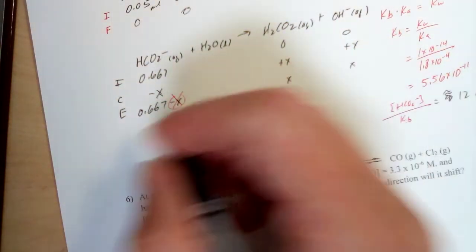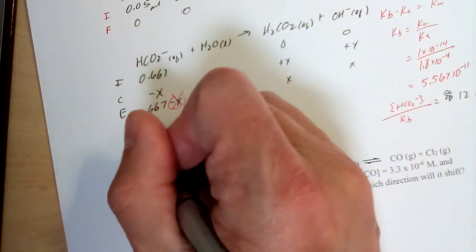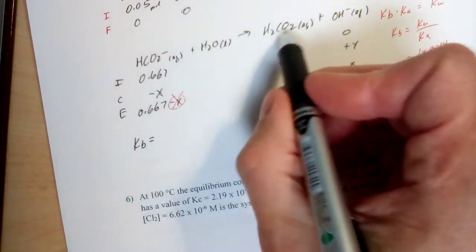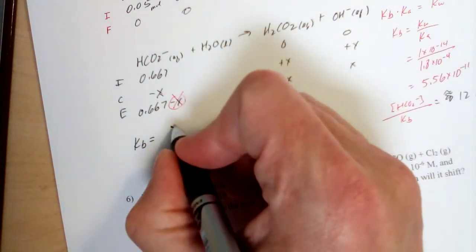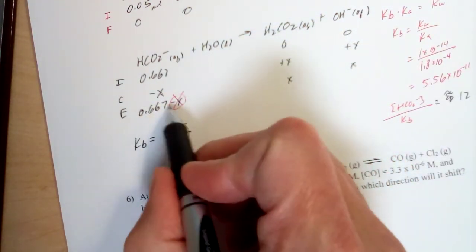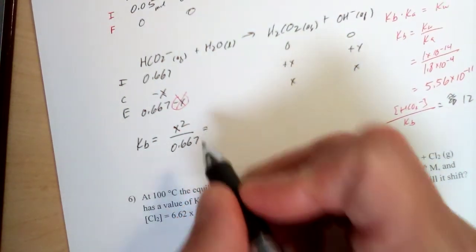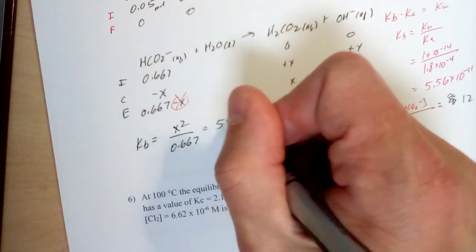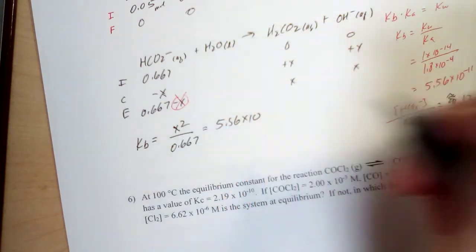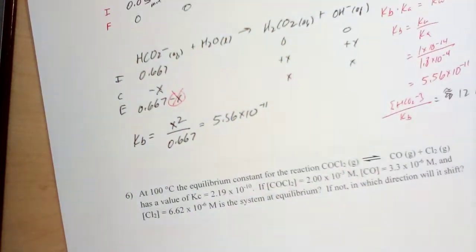So take those values, plug them into the equilibrium constant expression. Kb is going to be equal to the products there, which will be x squared, over the reactant, which is 0.667 molar. And we just calculated Kb as 5.56 times 10 to the minus 11th.